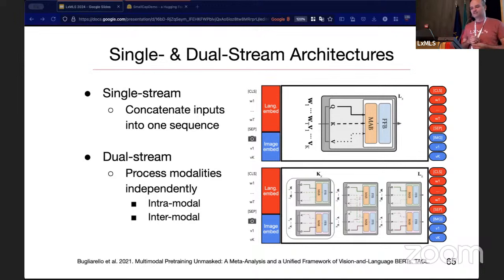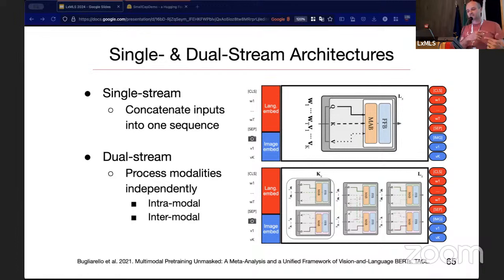At the same time as these single stream approaches, there were dual stream approaches where you have modality specific processing. What this means is that over here on the bottom, you have K layers of multi-head self-attention only within each modality. So you could imagine that the image embeddings are only attending to the image embeddings and vice versa for the language embeddings.